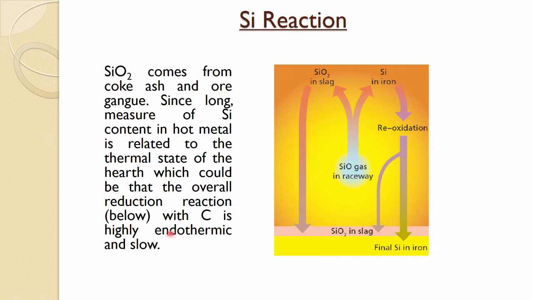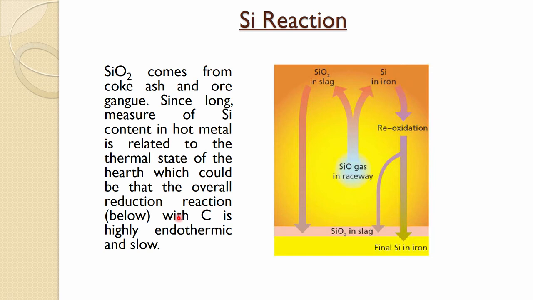And because this is a very endothermic reaction, and that is the region for observing or measuring the temperature of the hearth liquid and other things. So, thermal state was very important historically, but now it has been found this is not the way by which silicon gets transferred to metal.